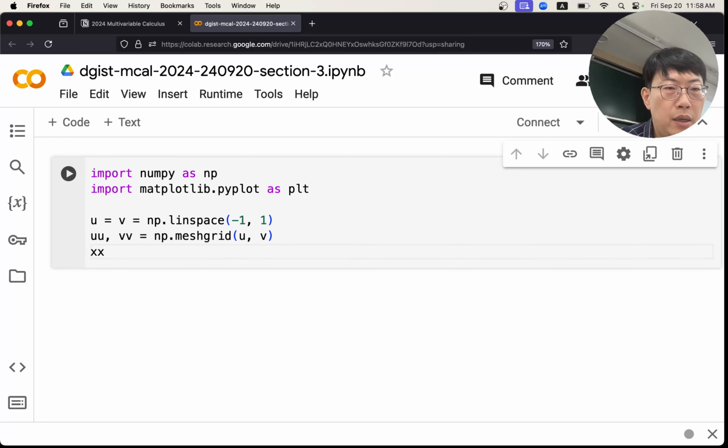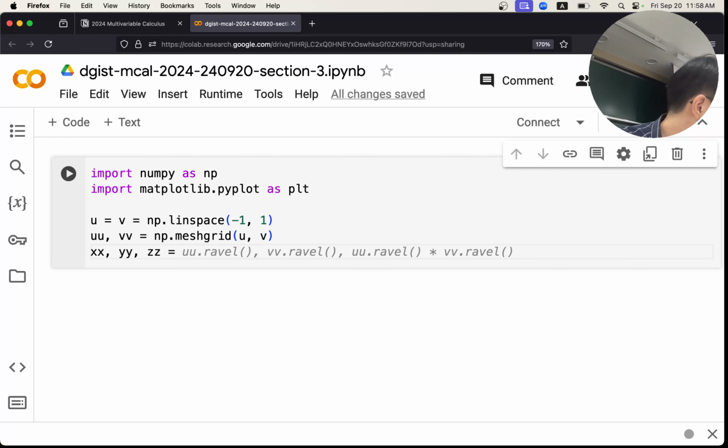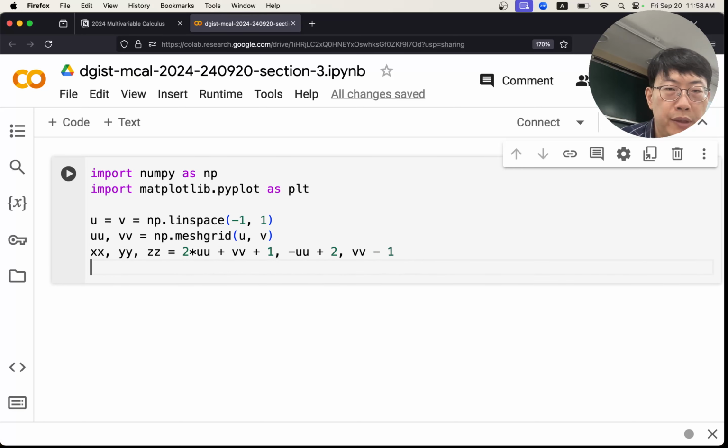And then my X, Y, and Z is going to be 2uu plus vv plus 1 for X, minus uu plus 2 for Y, and v minus 1 for Z. Then I'm going to plot this.